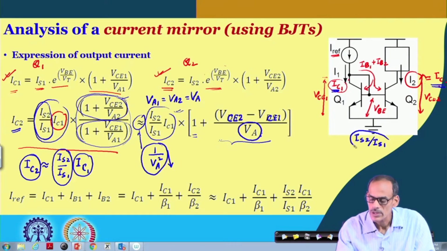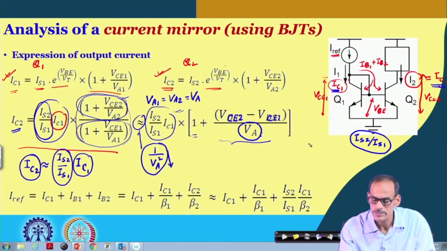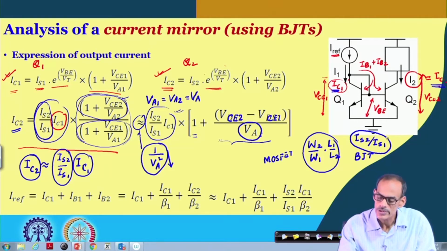In fact, in the previous current mirror, the mirroring ratio was W2 divided by W1 into L1 divided by L2. So, that was the mirroring ratio for the MOSFET current mirror, whereas for this BJT version, the mirroring ratio is defined by the reverse saturation current.